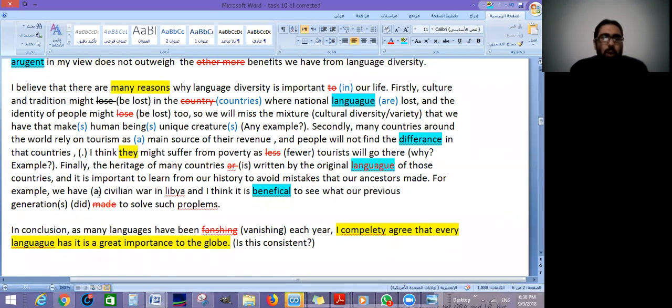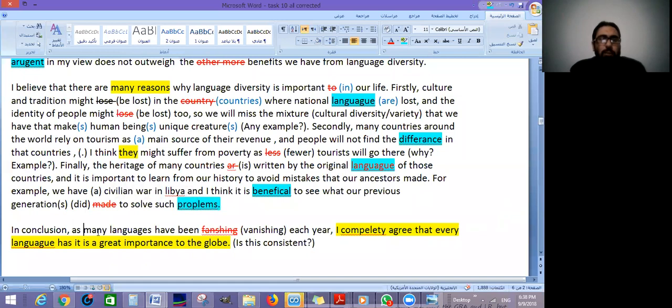For example, we have a civil war in Libya, and I think it's beneficial to see what our previous generations did to solve such problems. We're having that P instead of B problem. There's also a spelling mistake here.